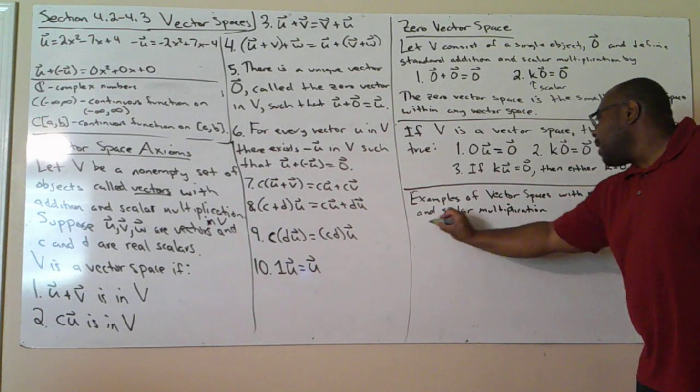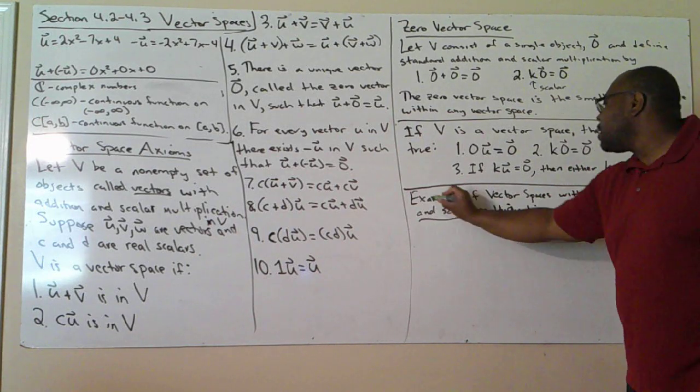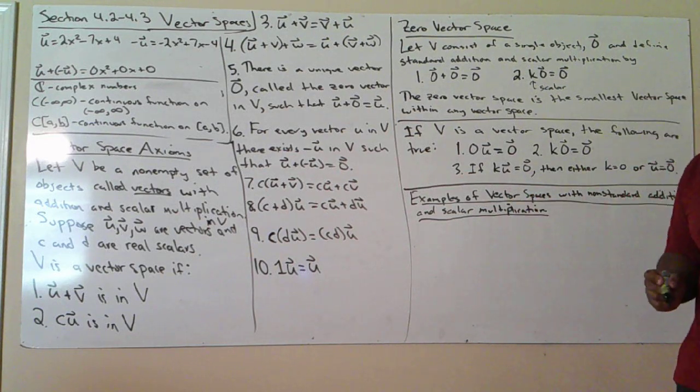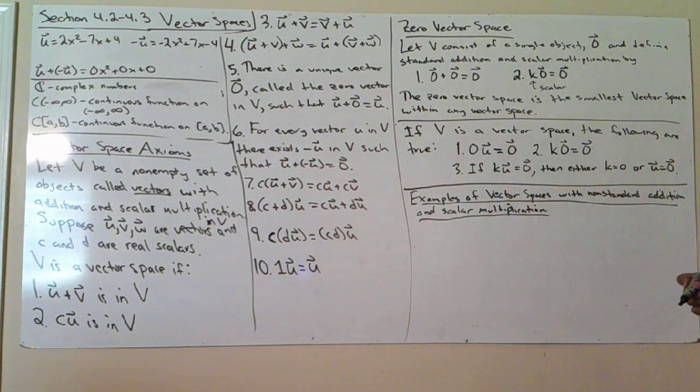Now, when I say non-standard addition and scalar multiplication, essentially I make up the addition and I make up the scalar multiplication, right? I define how I think about addition, and I define how I think about scalar multiplication. Okay. Here's the first one.